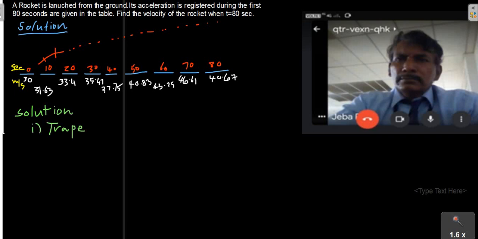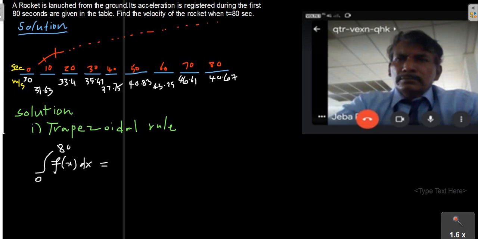We are going to use the trapezoidal rule here. Do you know what the trapezoidal rule is? The given problem can be written as the integral from 0 to 80 of f of x dx. Now the trapezoidal rule says h divided by 2, inside the bracket, first ordinate plus last ordinate plus 2 times the sum of the other ordinates. That's what the trapezoidal rule says.